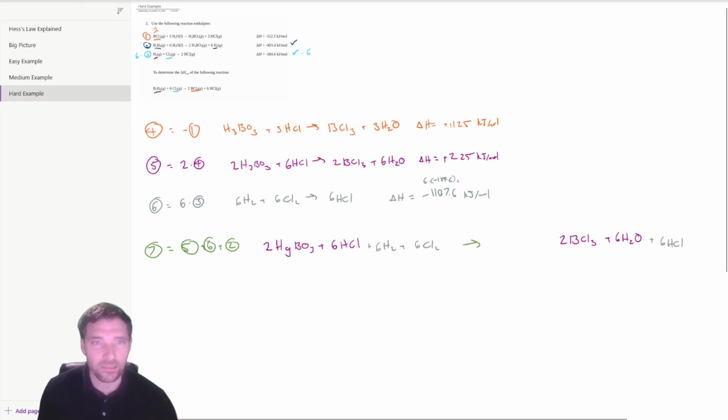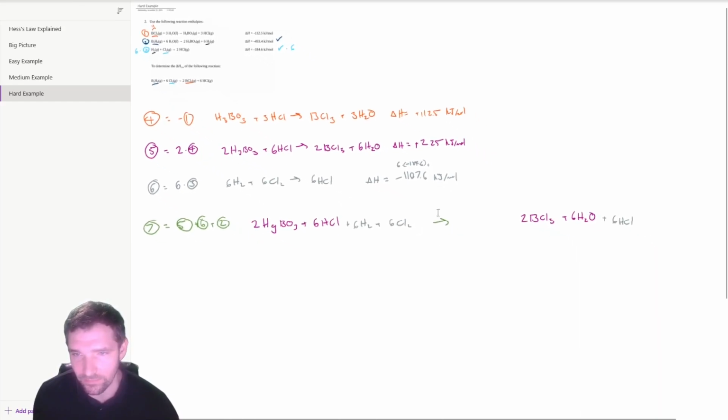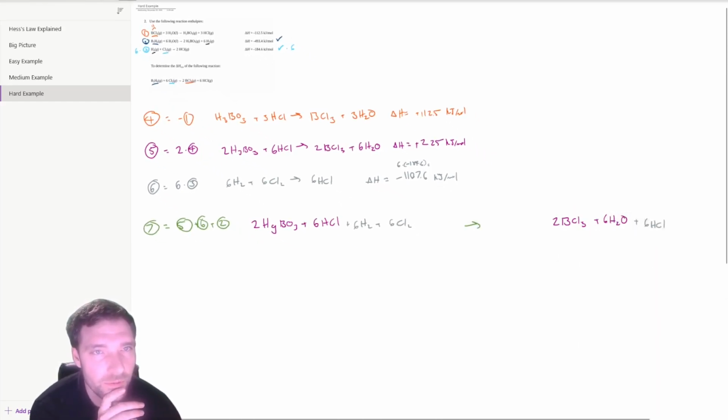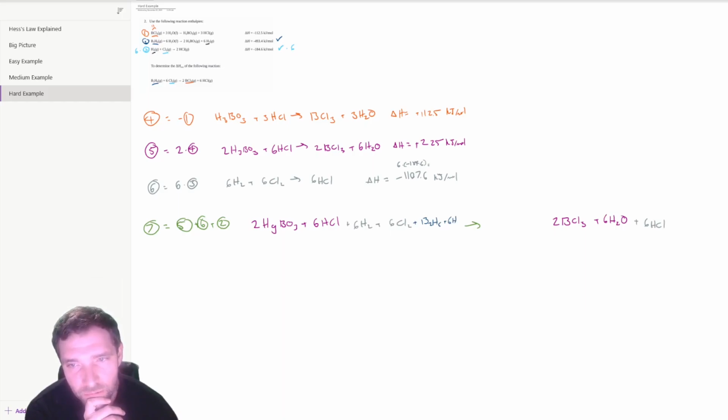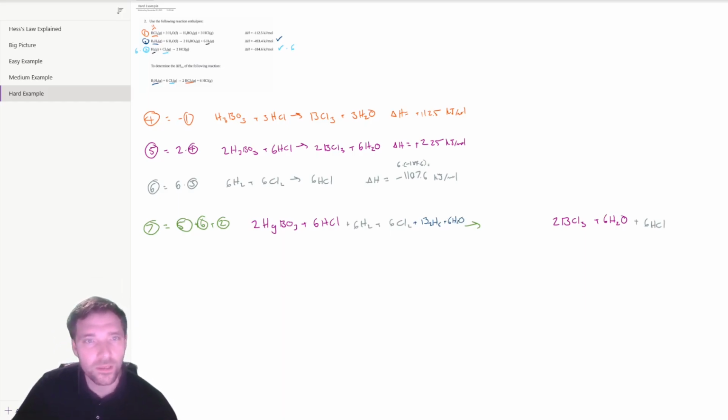And it looks like line 2 now, we're going to have to write that in because we don't have that written in ourselves. That was just in the problem. So we've got the B2H6 plus the 6 water molecules.